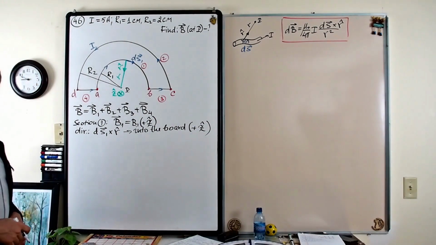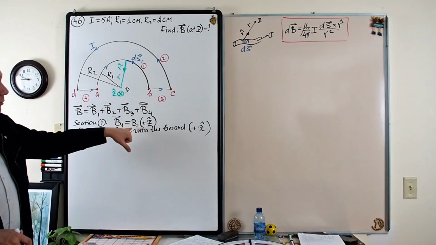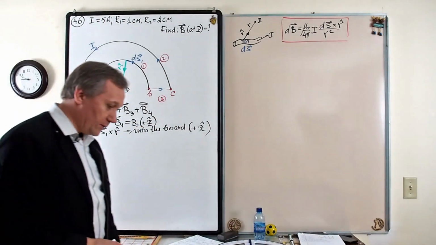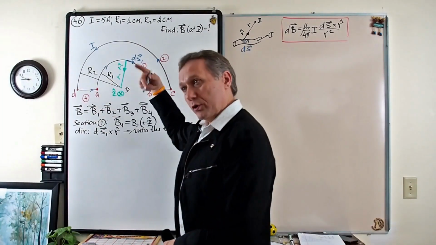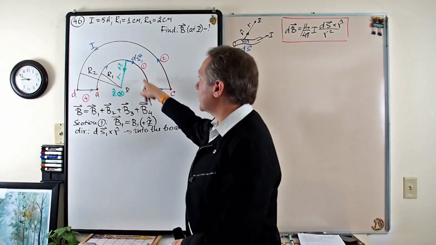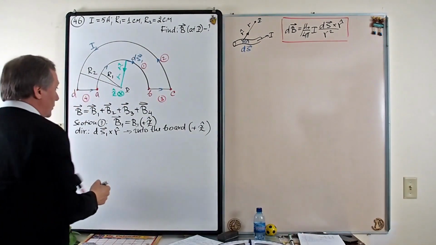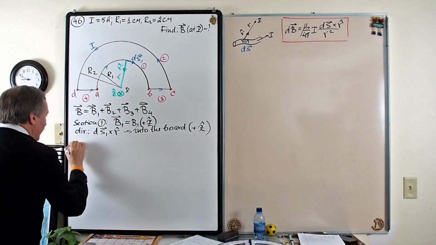Now we just need to find the magnitude of the magnetic field, the contribution to the net magnetic field that comes from this semicircle.